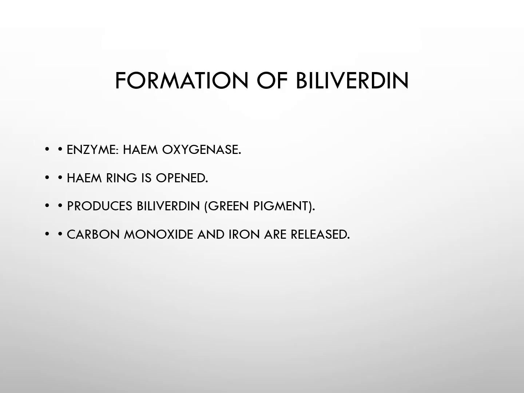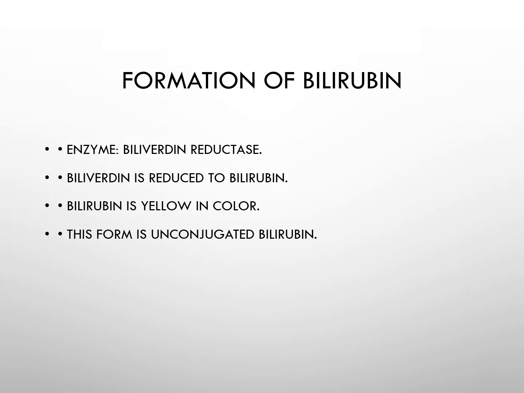With the formation of bilirubin, the enzyme heme oxygenase utilizes oxygen and electrons to break the bond, which produces biliverdin, the green pigment, carbon monoxide, and iron. When red blood cells break down, hemoglobin is released, and the heme part of hemoglobin is first converted into biliverdin.